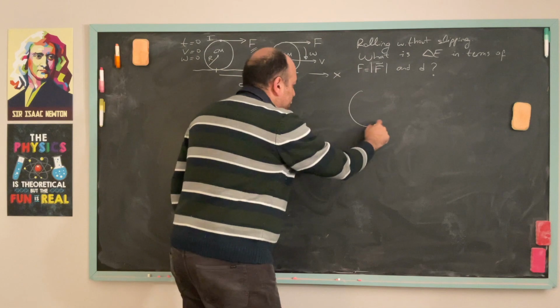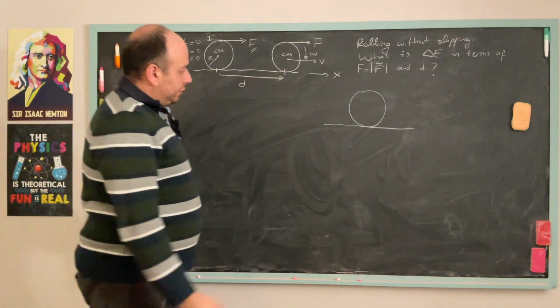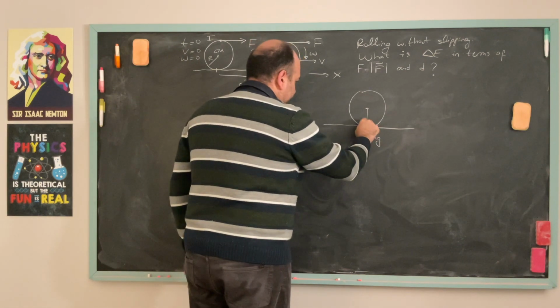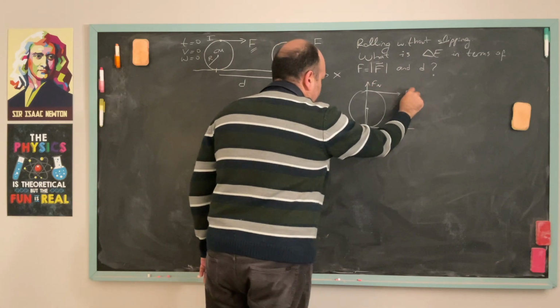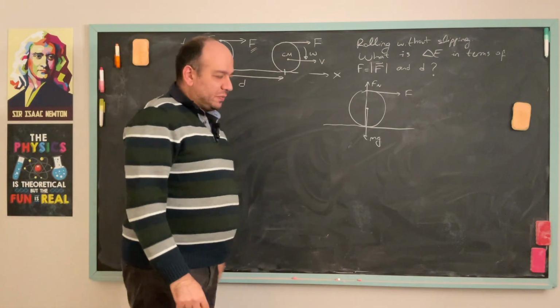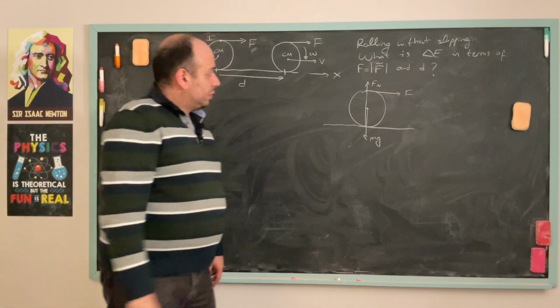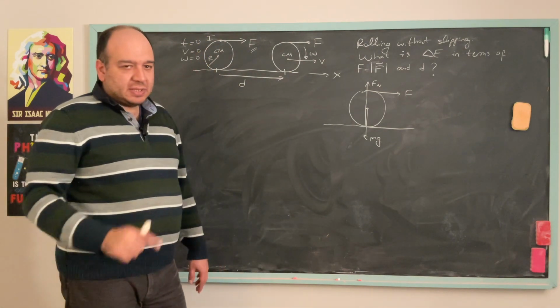We will first show all the forces acting on the system. First of all, we have mg, and we have a normal force, just like that. There is an external force like that. What else? Well, there is friction. We discussed that before. Since this is rolling without slipping, there has to be a static friction.